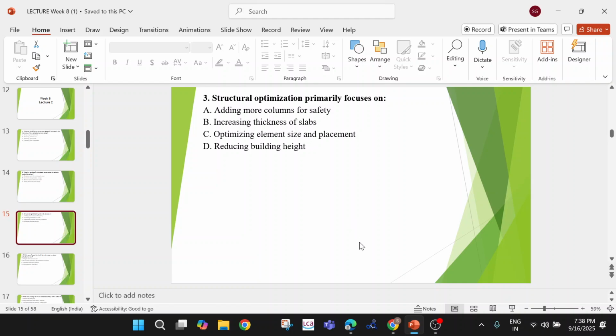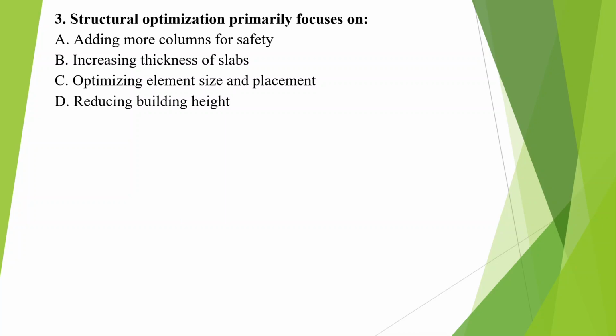So the correct answer is option C, and you have all answered it correctly. All of you have understood that structural optimization uses software or engineering judgment to minimize the material use without compromising the strength, and this overall reduces the embodied carbon in elements like beams, slabs or columns.